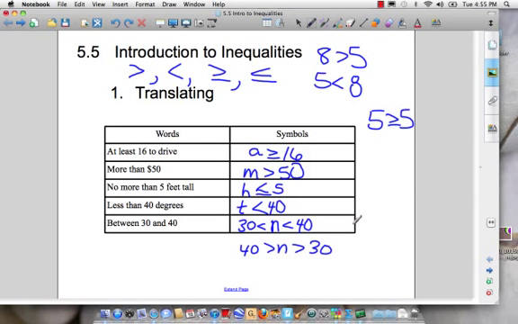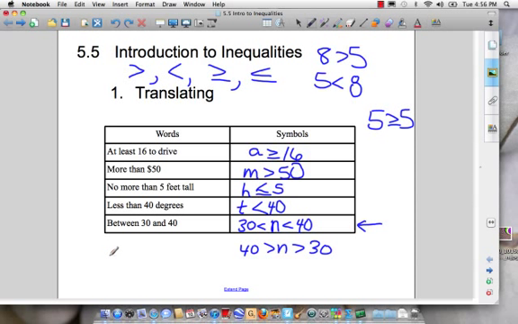I just prefer writing it this way because I've already trained myself to go from least to greatest, so I like to put the smallest number on the left and the biggest number on the right, but it makes sense either way. Whenever you combine a statement with two inequality symbols, they must be pointing the same way.